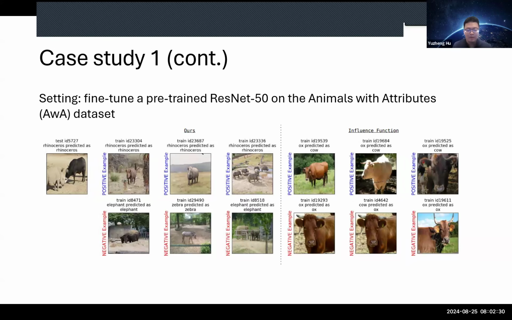But here we can look at a different example. Here, the label of the test example is a rhino. And we see that for representer point selection, it's still capable of selecting meaningful and explainable samples, in the sense that the positive examples are still rhinos, and the negative examples are something that looks similar to rhinos but has different labels.